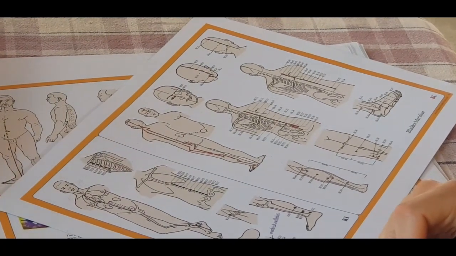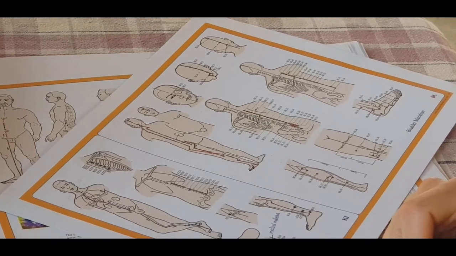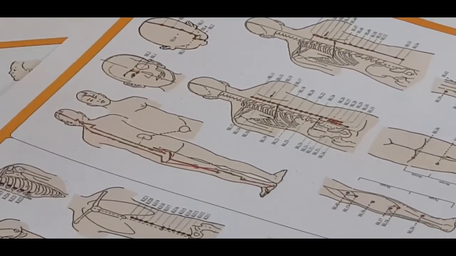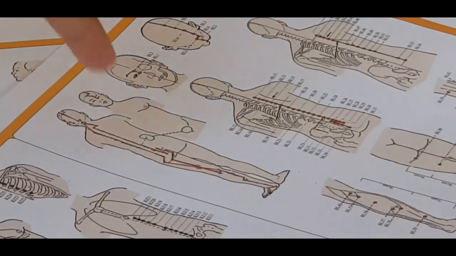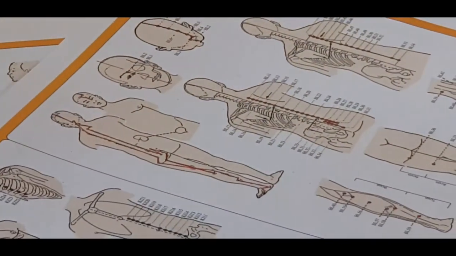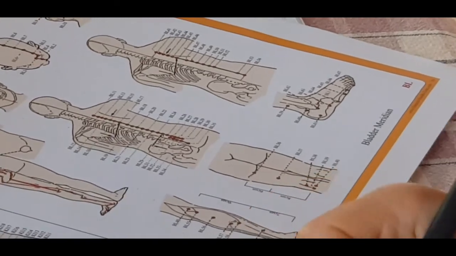For sciatica, and a person who has joint pain, hip joint pain, for those purposes we can give this bladder 36, a special point for sciatica.